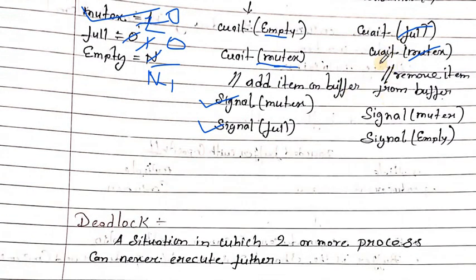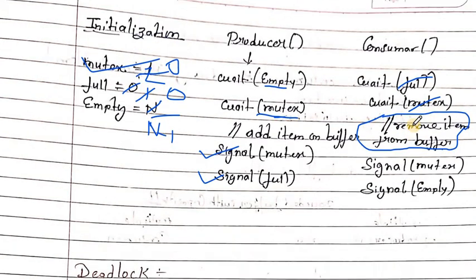Now the consumer is in the bounded array buffer and performs the action of removing an item from it. It removes 1 item from the array buffer and signals the mutex.